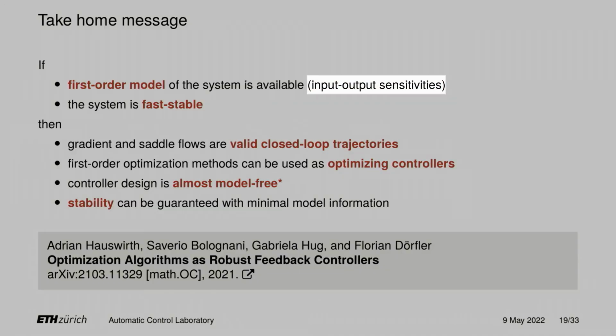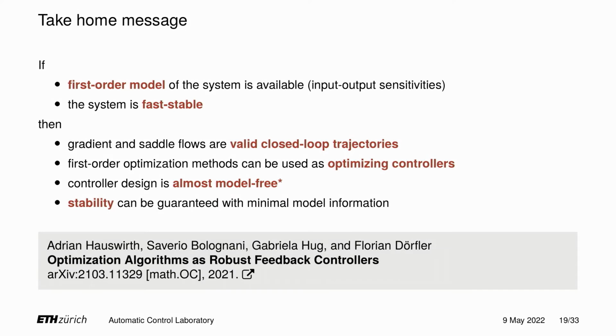So there are applications, including the power system application that I've told you about, where these sensitivities are easy to estimate, and they are relatively constant, and they come from parameters of the system that are not subject to many changes in time. And so I would call it almost model-free, but we're going to see in the next part that this is not a general statement.